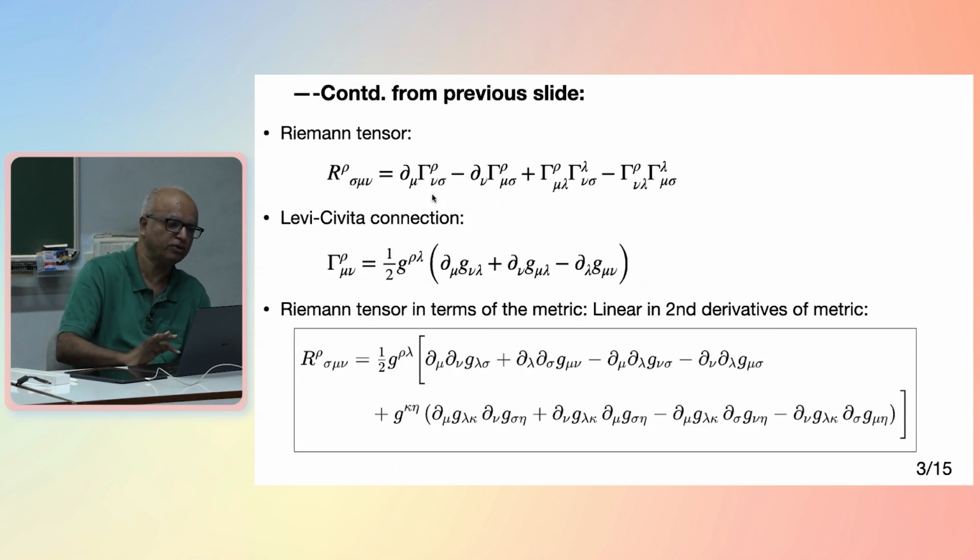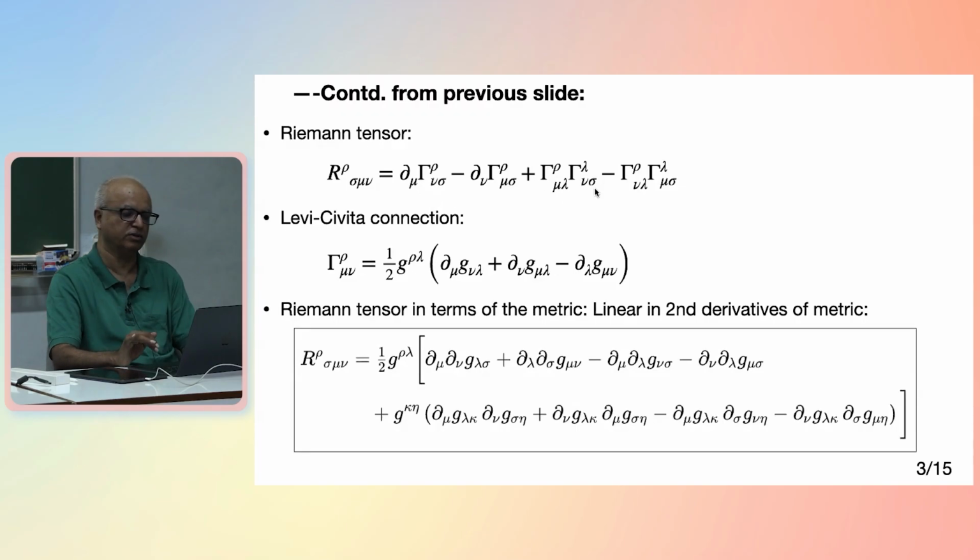It is proportional to derivatives of gamma and terms which are gamma gamma. This is the Riemann tensor irrespective of the metric. But suppose you say I have 0 torsion and it is metric compatible, then the Christoffel symbols are symmetric. They are the Levi-Civita connection written in terms of the metric like this.